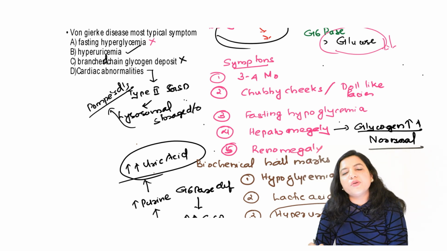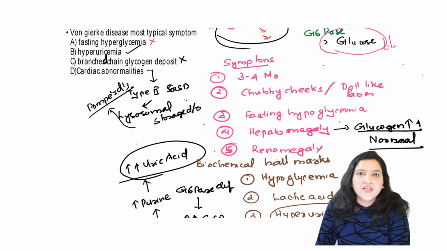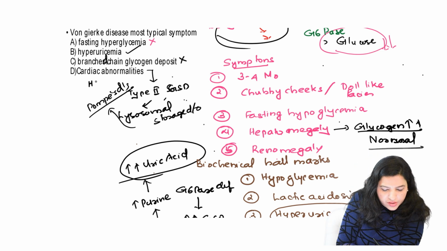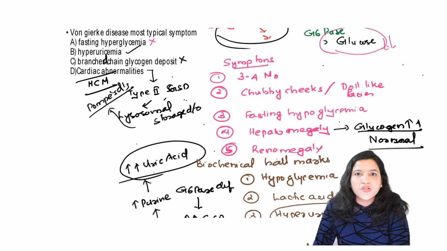What is the cardiac abnormality you see in type 2 glycogen storage disorder or Pompe's disease? There is a hypertrophic cardiomyopathy. So there is hypertrophic cardiomyopathy in Pompe's disease, not in type 1 von Gierke's disease.